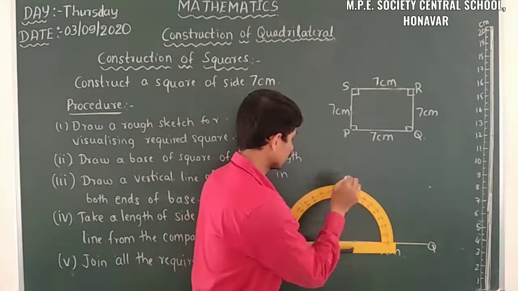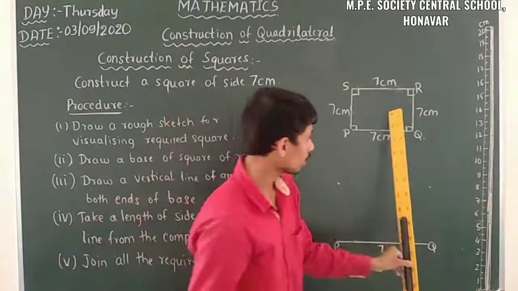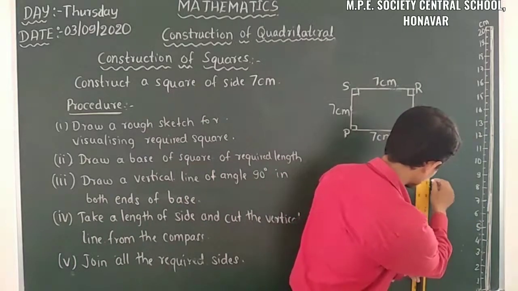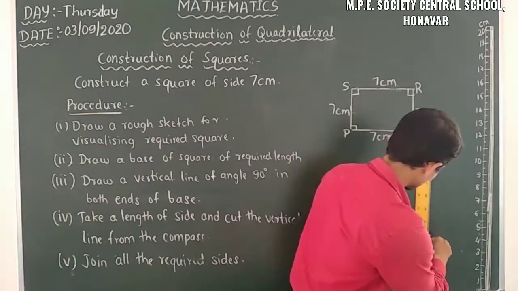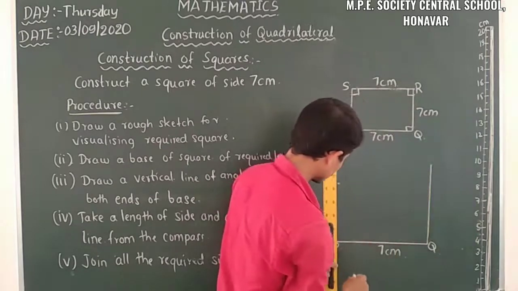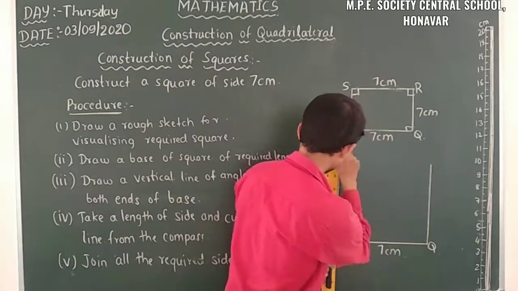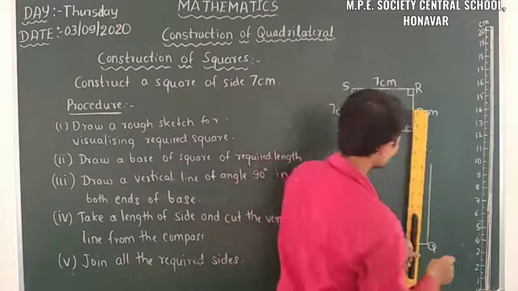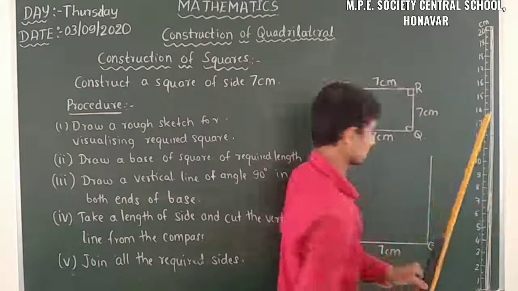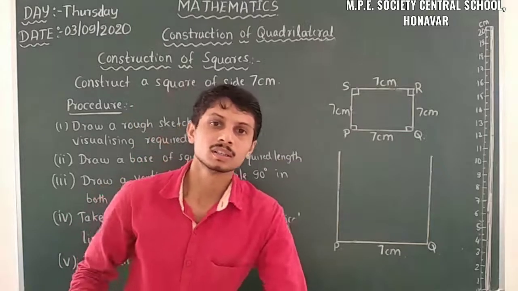It's also a 90 degree. So draw vertical lines from both the ends. Extend up to some distance. Like that.